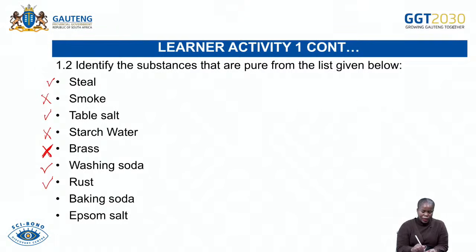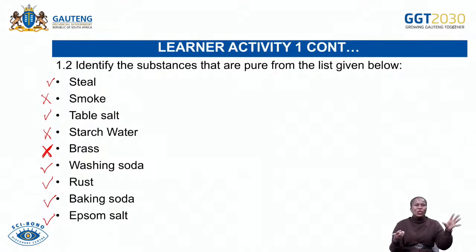Baking soda, yes. Epsom salt, another yes. So from the list that you are given, it is important to identify if there is a mixture of more than that specific combination, because then the properties change. It can be broken down further.